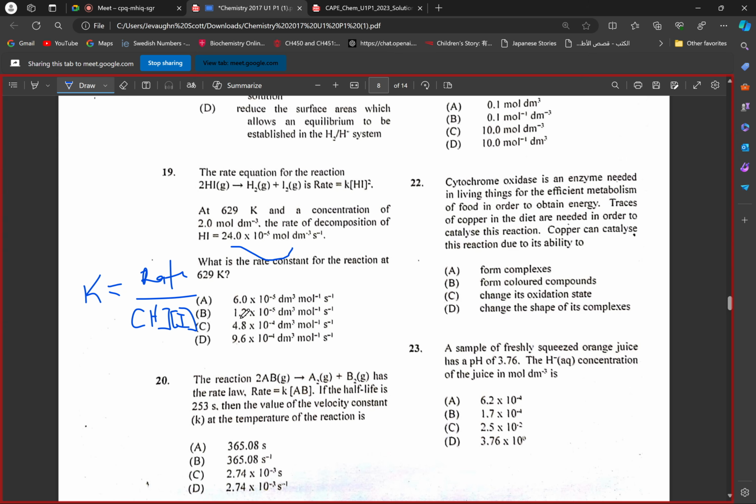What's the answer to the question? What would that be?